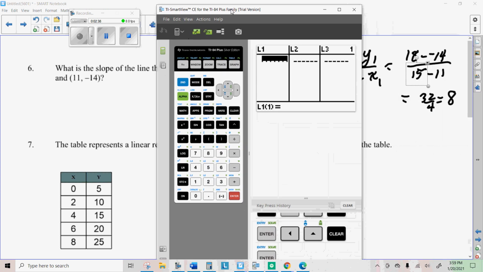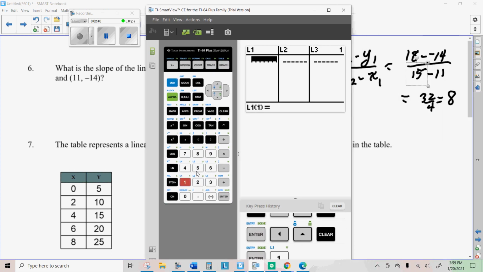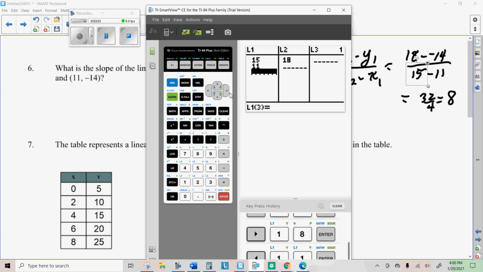The 2 points are 15, 18. So I'm going to put those in like this, 15, and then 18. L2 is my y coordinate, which is 18. And then the other point is 11, negative 14. And then once they're in there, you're going to press stat.